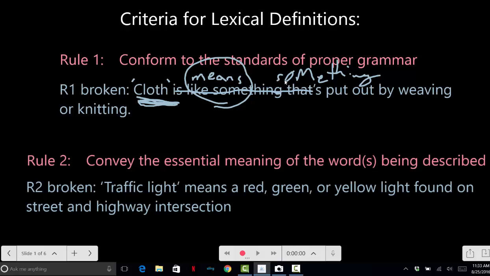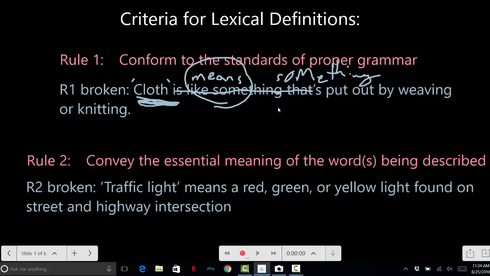And we want to avoid wishy-washy language such as "is like something that." You'll notice in our everyday interactions, if somebody asks you the definition for something, we'll often proceed by saying, well, it's like this or it's like that. But that's not going to be a proper definition.